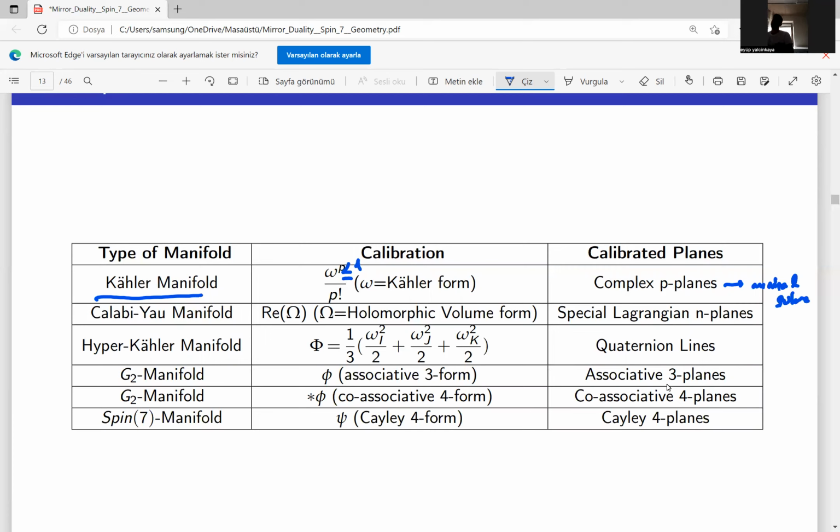So this is the complex plane, and here now the new part, the Calabi-Yau manifold. For this Calabi-Yau manifold, if you define the holomorphic volume form, and you take the real part of this omega, it gives you a submanifold, the special Lagrangian planes here.